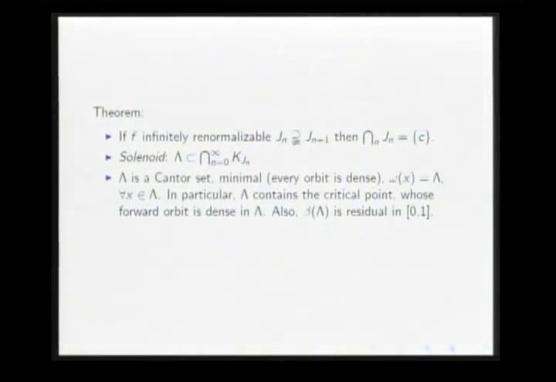So what we prove is that indeed we have an attractor set here, lambda, that is inside this infinite intersection, okay? And this is our solenoid. And this set is a Cantor set, minimal, and indeed, for a residual set of the interval, the omega set will give this lambda, okay?